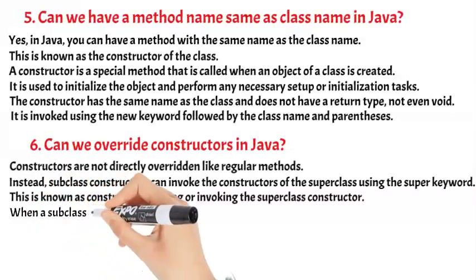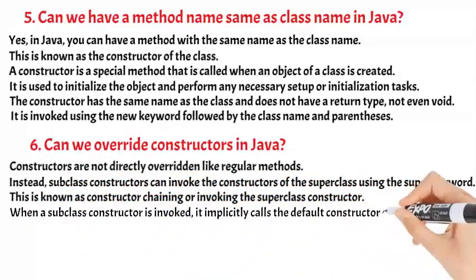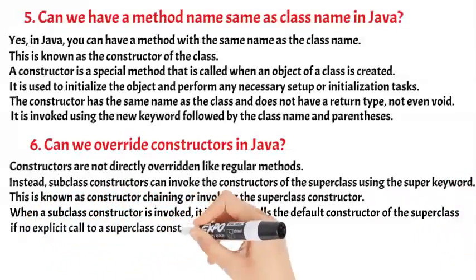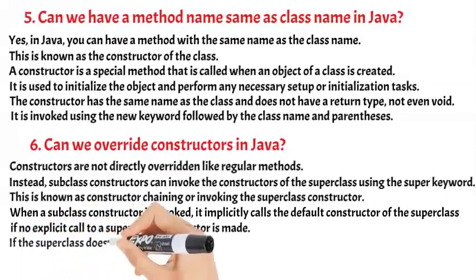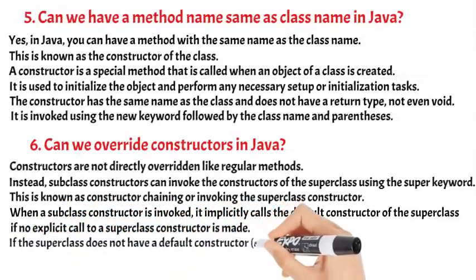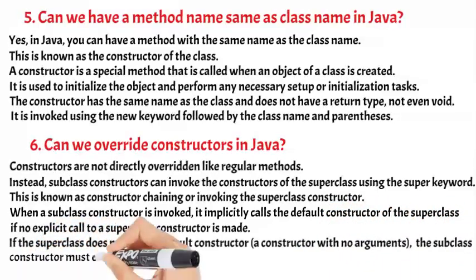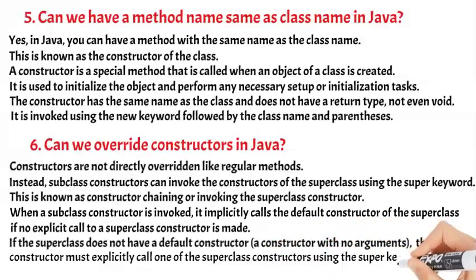When a subclass constructor is invoked, it implicitly calls the default constructor of the superclass if no explicit call to a superclass constructor is made. If the superclass does not have a default constructor, a constructor with no arguments, the subclass constructor must explicitly call one of the superclass constructors using the super keyword.